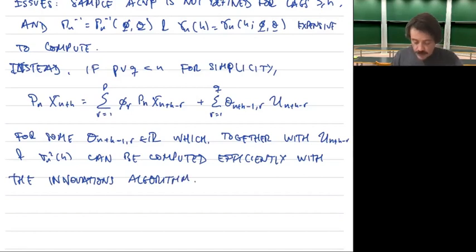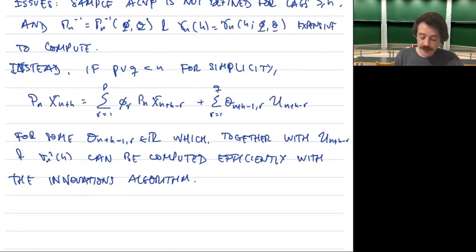Which is an algorithm yet again that is not examinable, so I'm hiding it under the carpet completely here, and just stating that there is an efficient way of computing this, and actually it's recursive. I haven't mentioned this so far, but it's a recursive algorithm, and so you do it sequentially, and this is pretty quick for the computer.